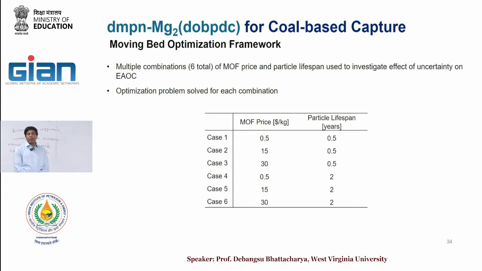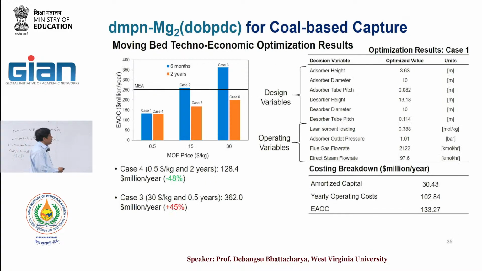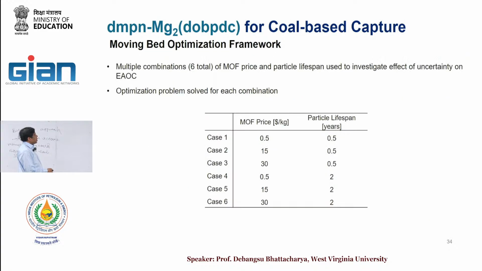So for the cost uncertainty, this is probably the best you can do, but ideally what you really need to do is run these systems to establish their lifespan, how much activity we are losing over a period of time, and whether that can help you to calculate the lifespan of these materials. If you do that, this shows you the sensitivity over here.